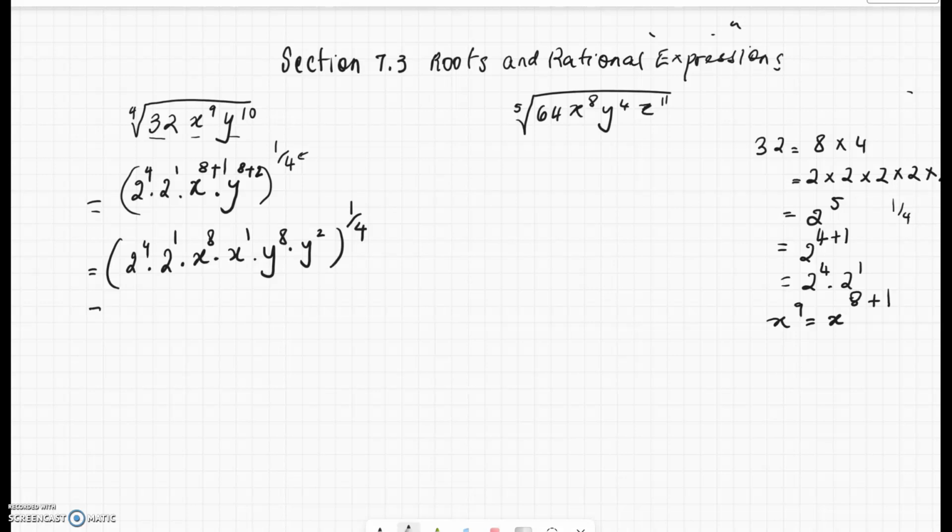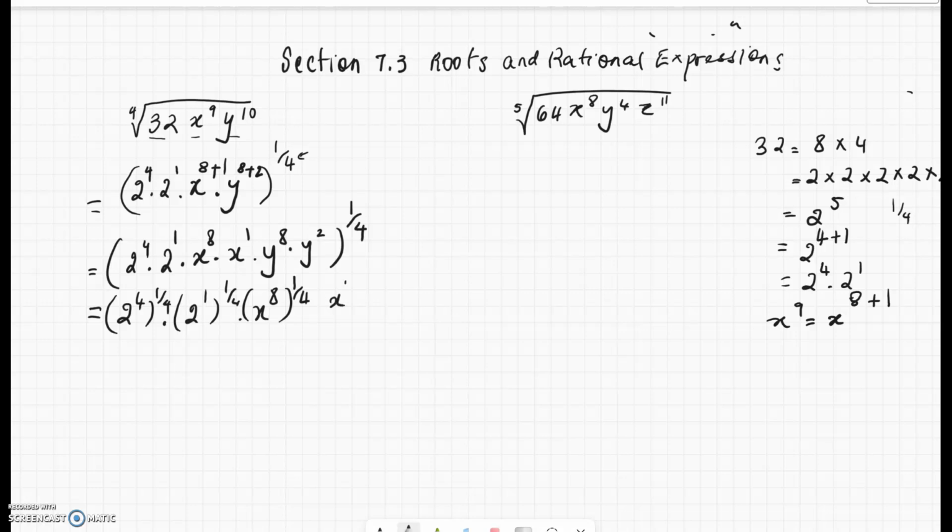1/4. So this is equal to 2 to the 4 whole to the 1/4 times 2 to the 1 whole to the 1/4, x to the 8 whole to the 1/4. Basically, you're dividing each exponent by 4.